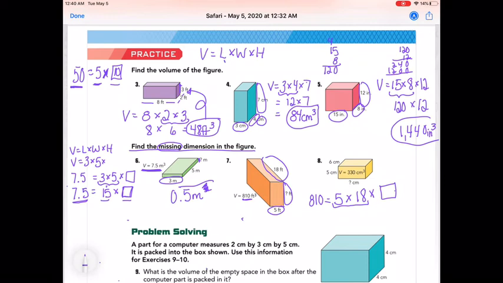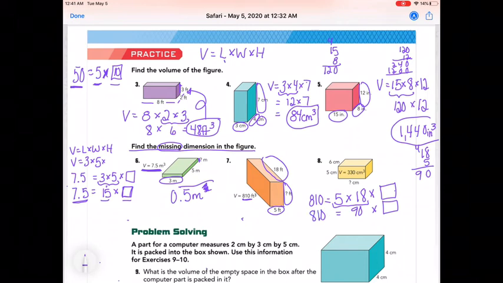Well, let's do this part of it. 18 times 5 is going to be 90. So 90 times something equals 810.